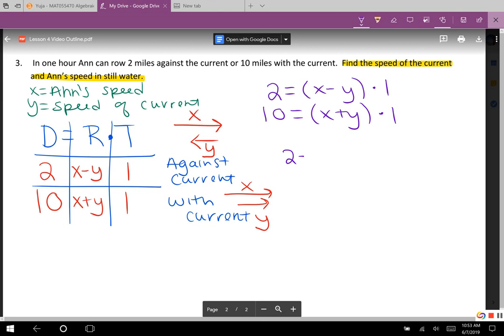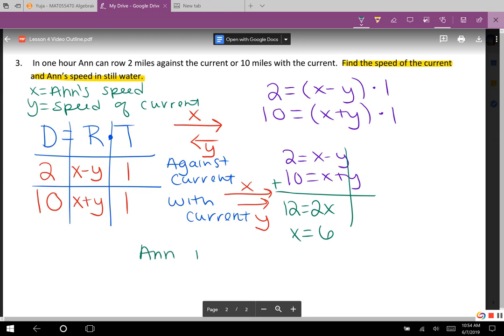And now we can solve this using substitution, or this problem is set up perfectly for elimination. Notice if we add the equations together, the y's disappear, and I get 12 equals 2x, or x equals 6. We said x was Anne's speed, so that means Anne is going at a rate of 6 miles per hour.